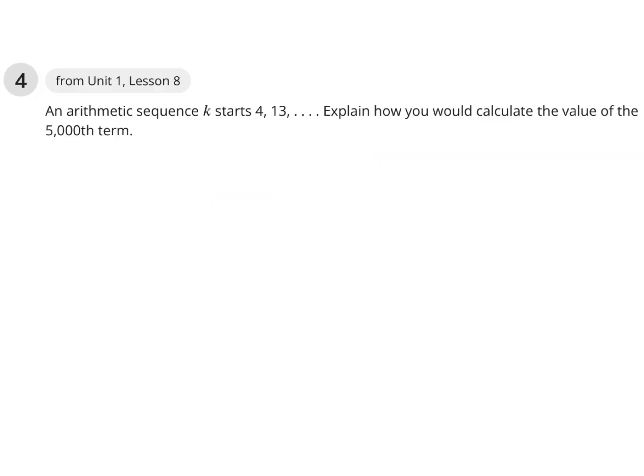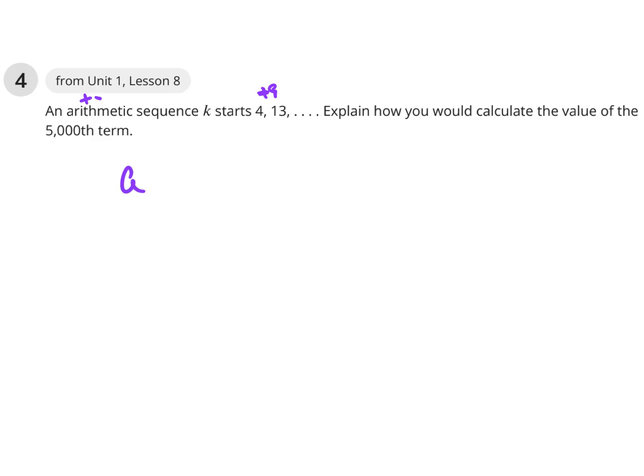All right, let's look at this oldie but goodie, an arithmetic sequence. I know that in an arithmetic sequence we add and subtract, so the first thing I'm going to write is plus and minus over top of that. K starts at 4 and 13. So how do I add or subtract to get from 4 to 13? Well, I have to add 9. 9 plus 4 is 13.